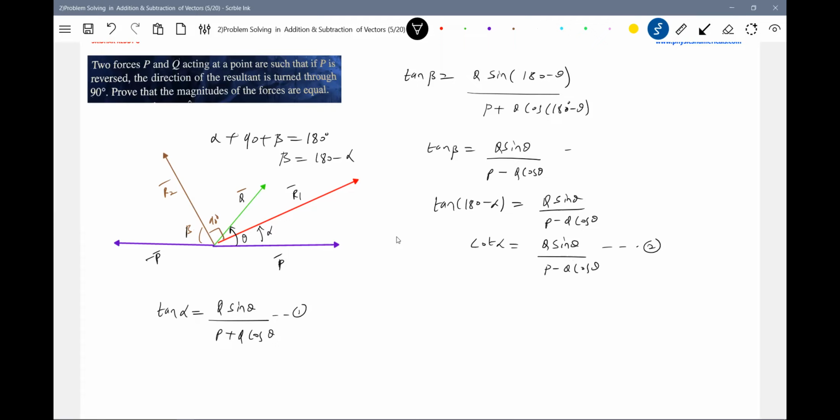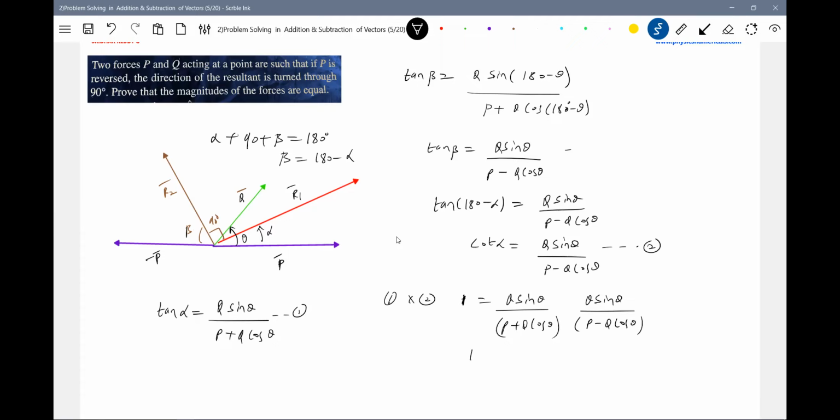Let's multiply equation 1 into equation 2. Tan alpha times cot alpha will be 1, the product of this. So this will be Q sine theta by P plus Q cos theta times Q sine theta by P minus Q cos theta.